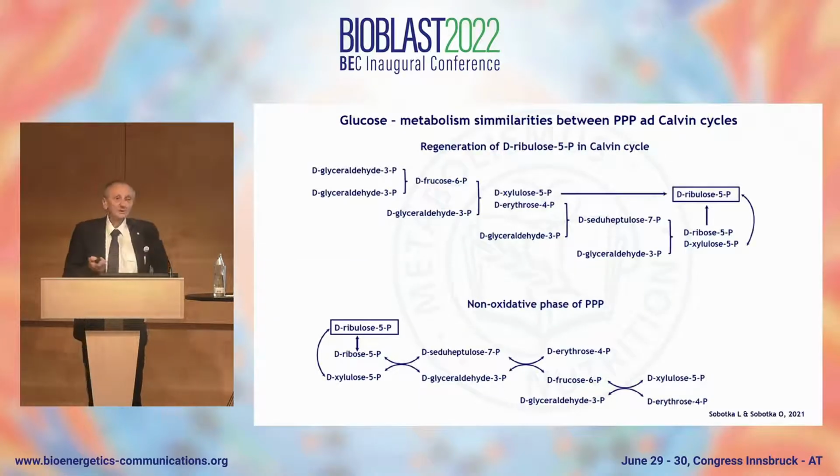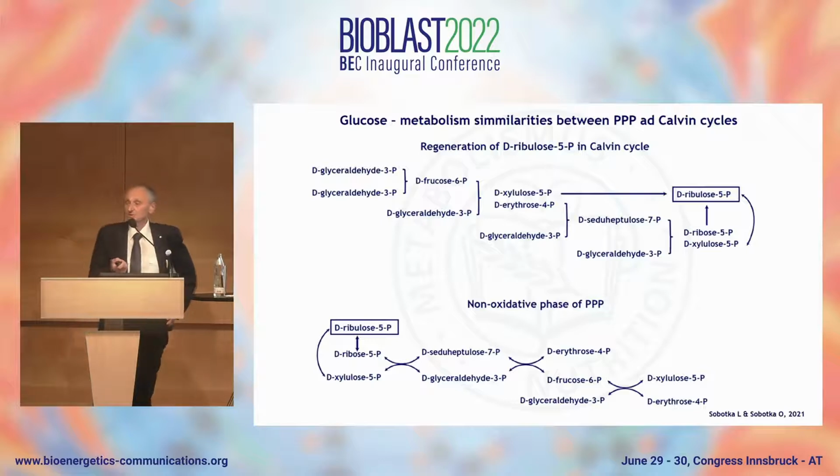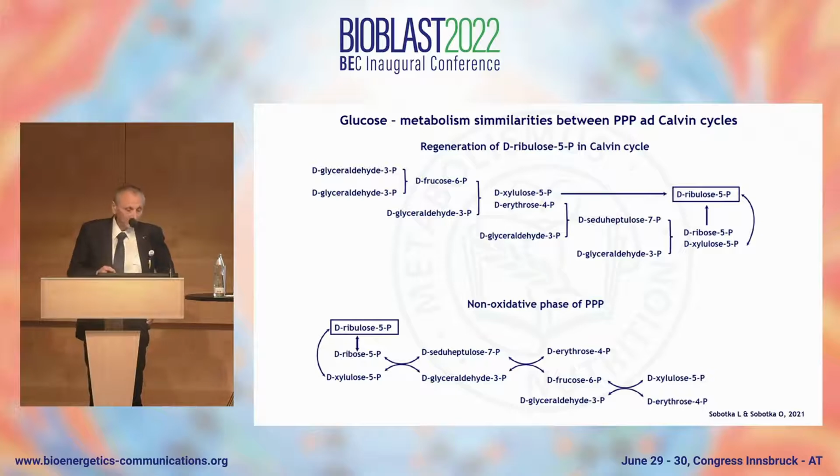Yesterday we have seen the reverse Krebs cycle, and I would like to stress there are many reverse cycles in nature. This is one of them. It is the regeneration part of the Calvin cycle, which produces ribose 5-phosphate for Rubisco.